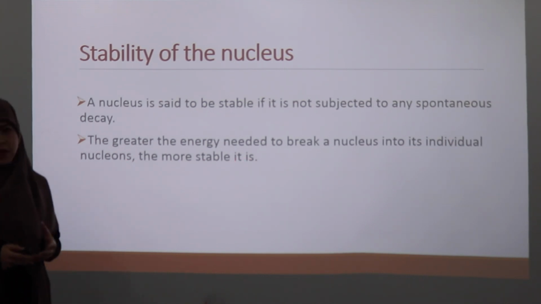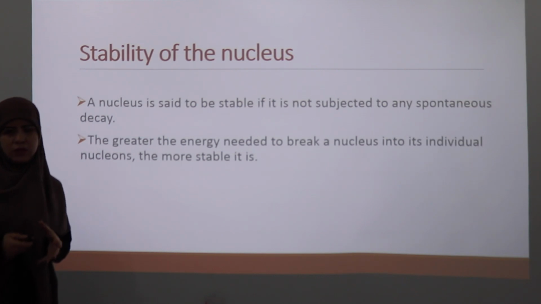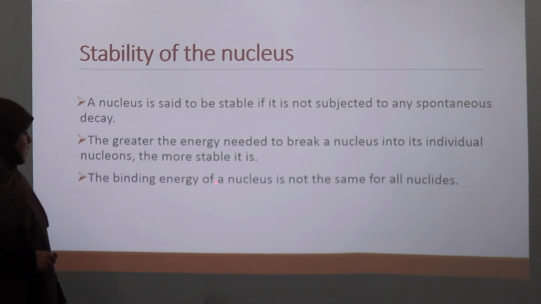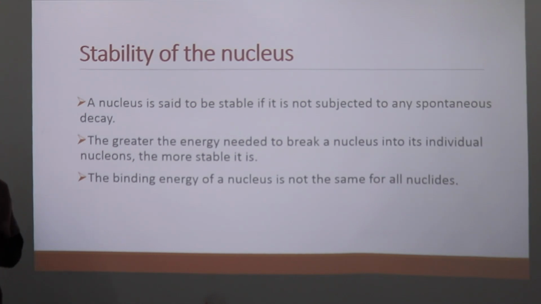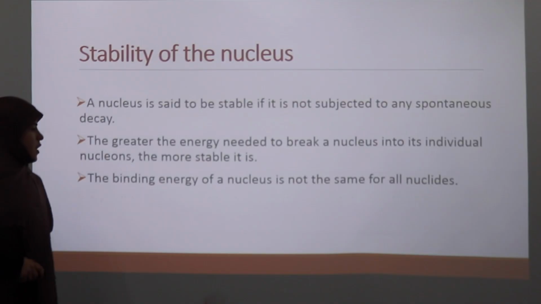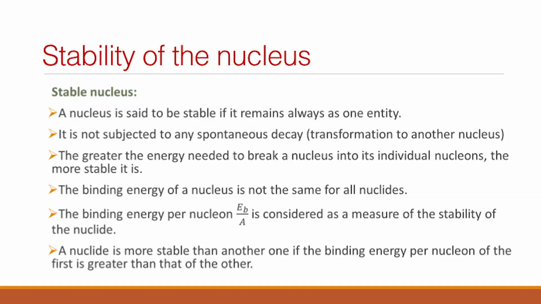So if it is hard to break the nucleus, it is more stable. The binding energy of a nucleus is not the same for all nuclei. Of course, every nucleus has a certain binding energy. A nuclide is more stable than another if the binding energy per nucleon of the first is greater than that of the other.